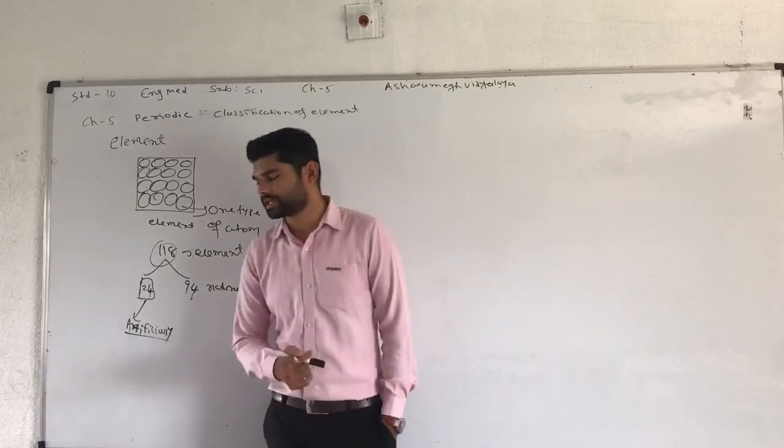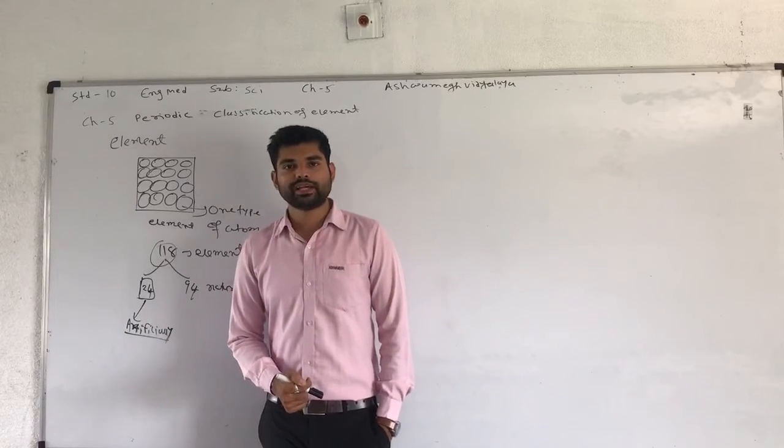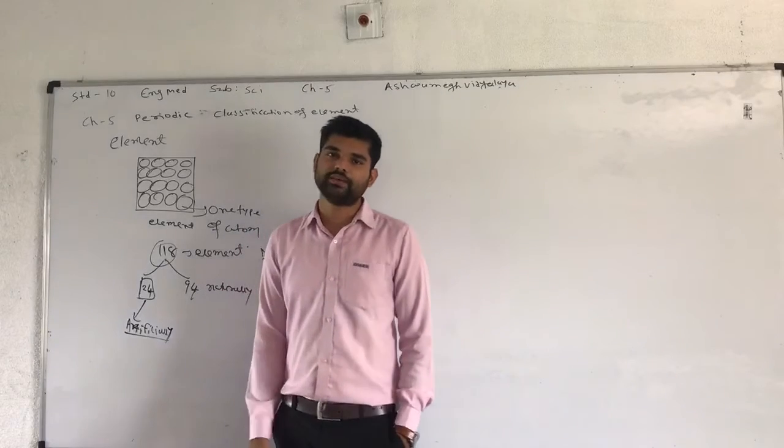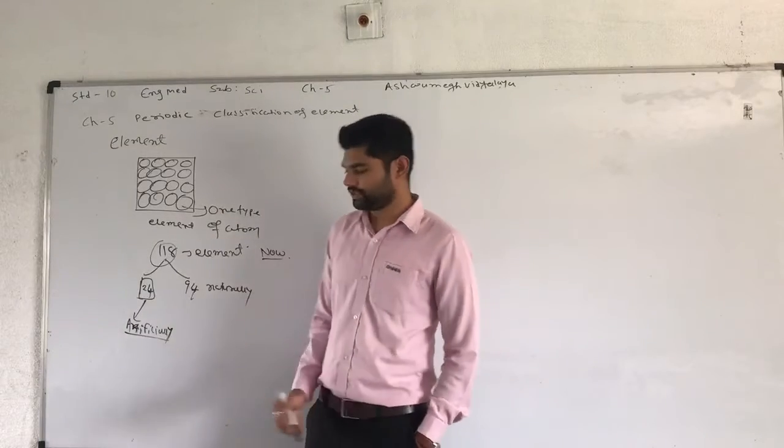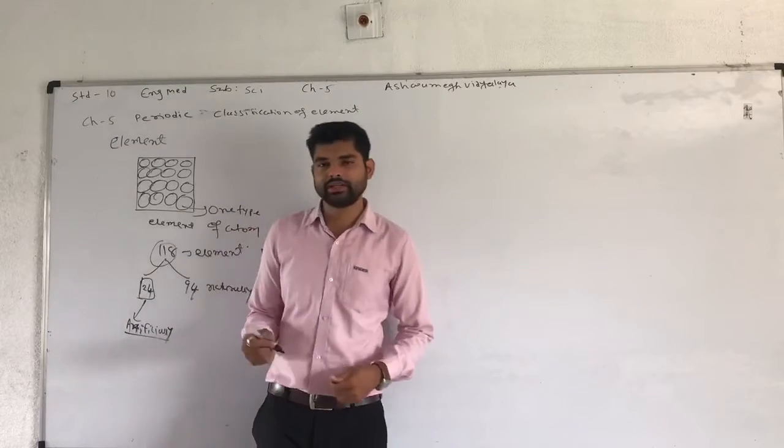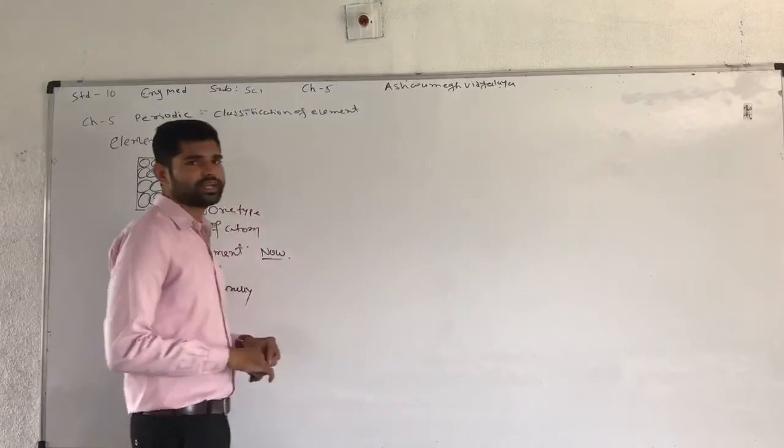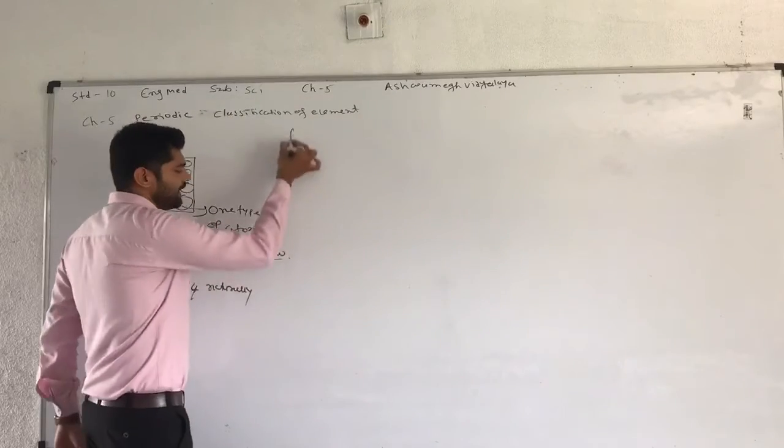The first scientist to describe and distinguish elements was Dobereiner, and Dobereiner gave triads of elements.